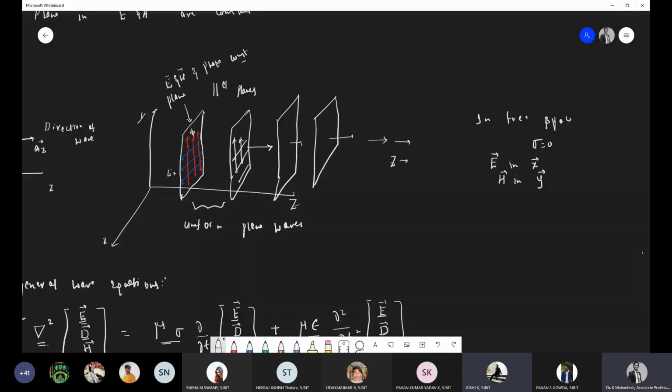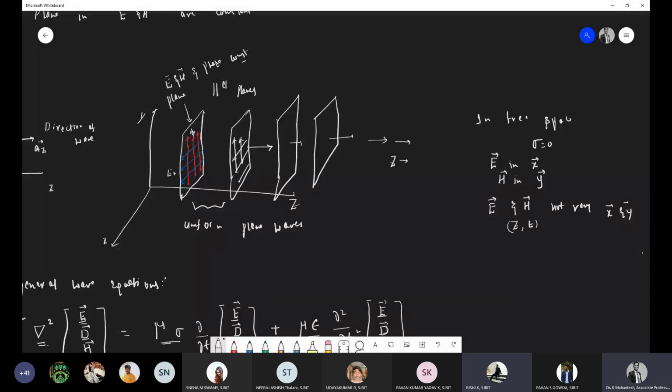E and H do not vary with respect to x and y coordinates, but vary with respect to z and time.